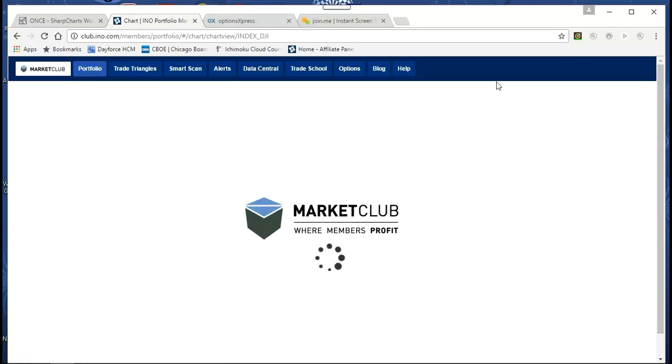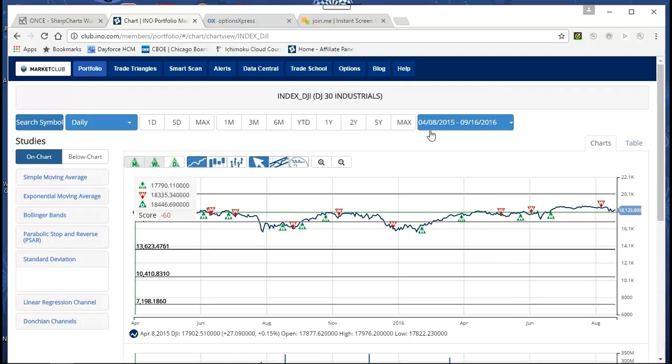And once the chart loads, what this thing does is it gives you the chart once it loads up, and it gives you indicators as to when to buy, when to sell. Now on here it has three different indicators. It has three different triangles.